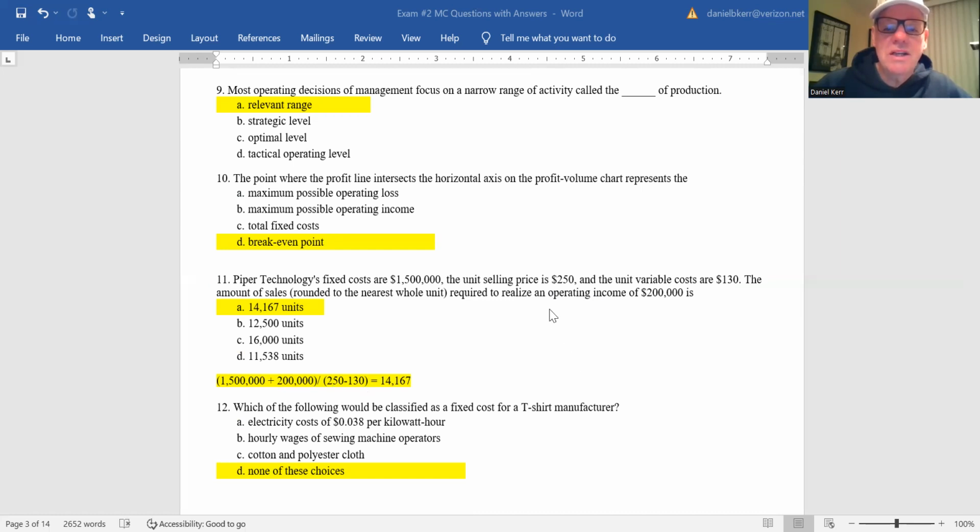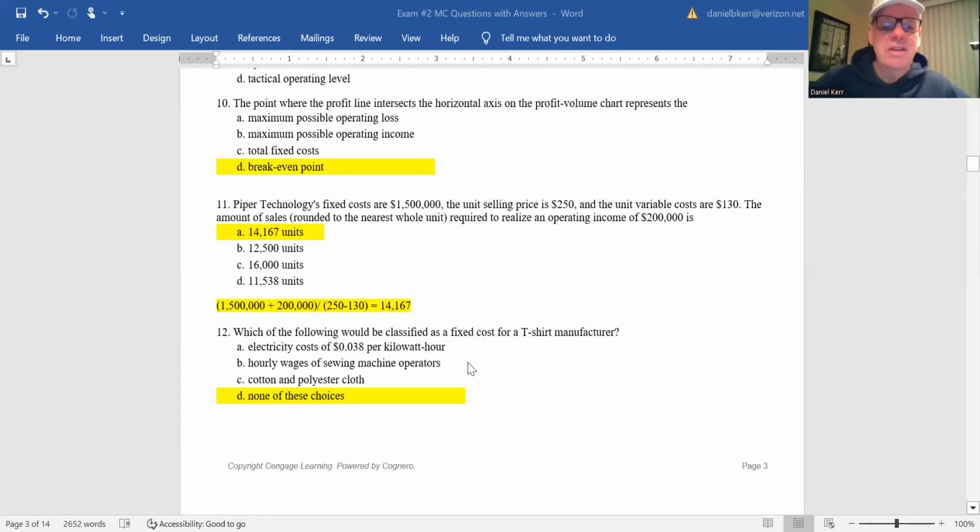We've got a sales price of 250, variable costs of 130, so we come up with 14,167. So whenever you have to do calculations and there's multiple choice options, do the calculation first, then go looking for your answer. So the answer there is A.